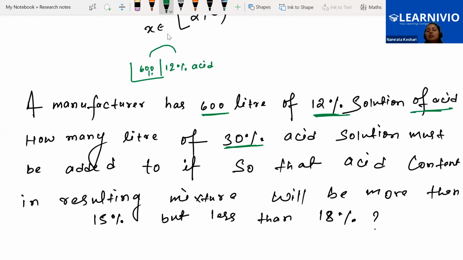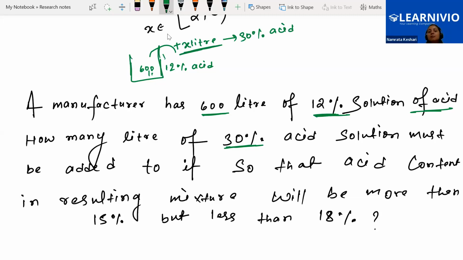In this 600 liter, let's say we are adding X liter, and that X liter is having 30% acid solution. We are adding it in the same solution.